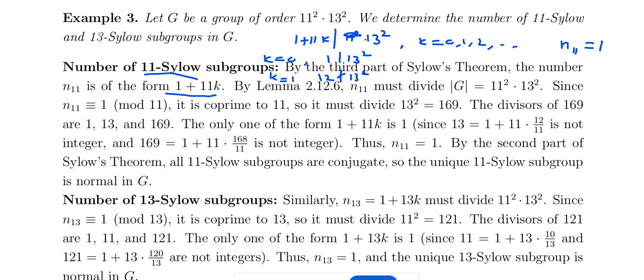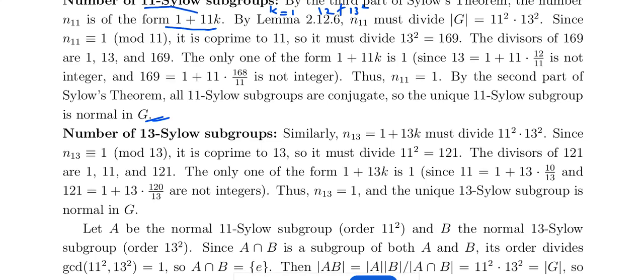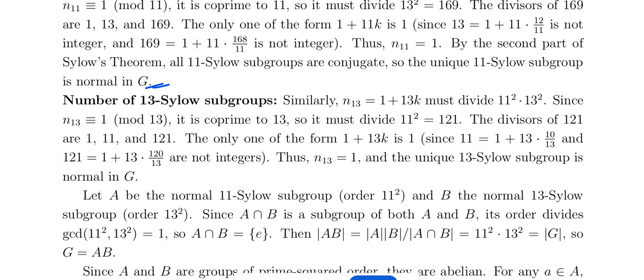By the second part of Sylow's theorem, the 11 Sylow subgroups are conjugate, therefore the unique 11 Sylow subgroup is normal in G. In the same way for the 13 Sylow subgroup, being unique, it is called simple.